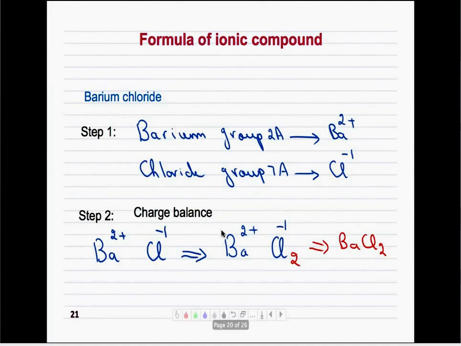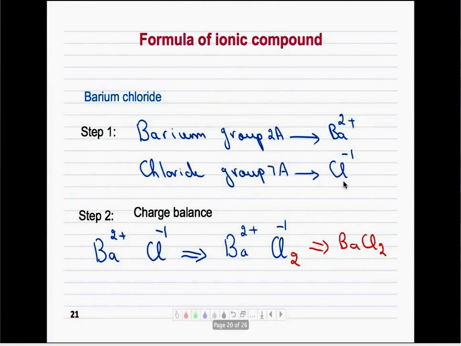Our first step is to say, okay, barium. Barium is Ba. It is in group 2A. That means it's going to lose 2 electrons to look like a noble gas. Chloride. Chlorine is group 7A. Chloride should have a -1 charge because if it gains 1 electron, it's going to look like a noble gas.